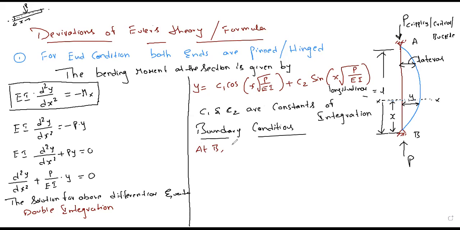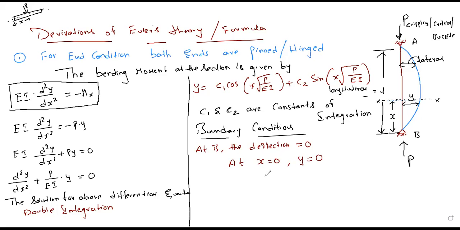At B, what is the deflection? 0. Why? Because both ends are pinned. At a pin support, what is the deflection? 0, isn't it? So at x is equal to 0, what does y become? 0.